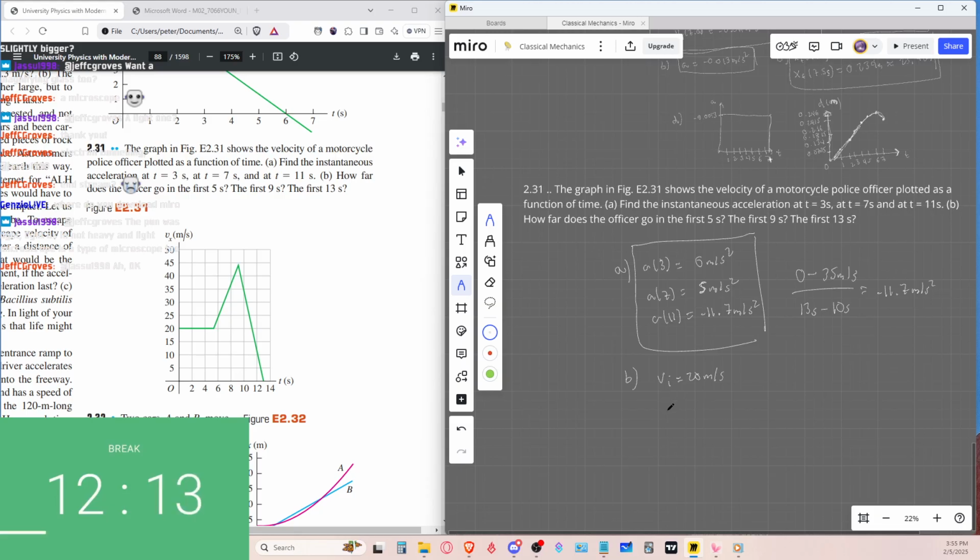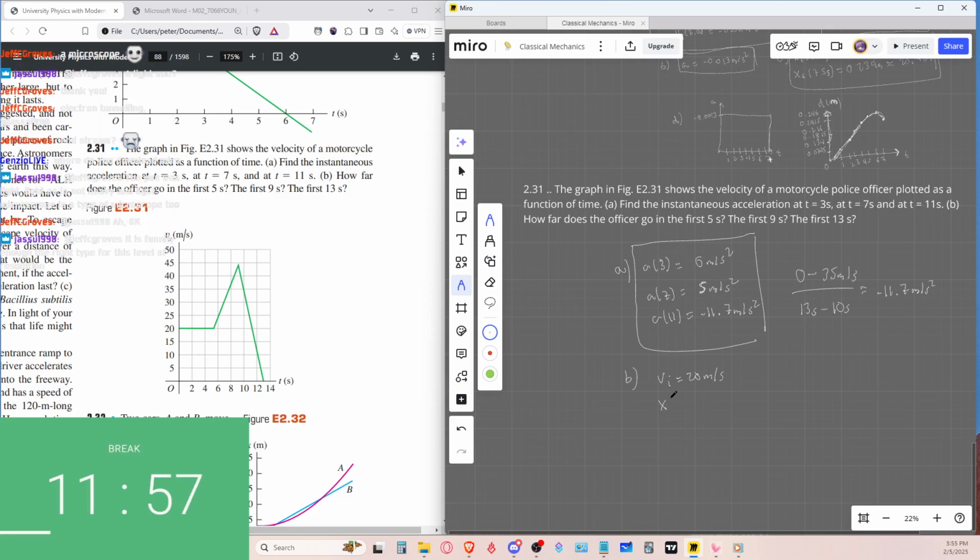So for the first 5 seconds, we have the initial velocity, and I'm guessing the original position is 0. Yeah, I think we can say the initial position is 0. So we have the acceleration, which is 0. So technically, we can just do velocity times 5 seconds.